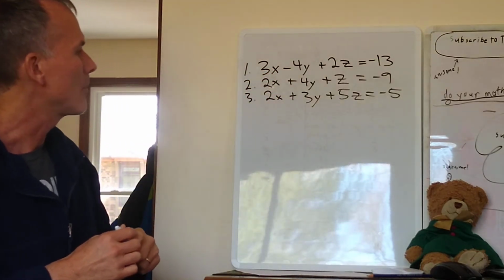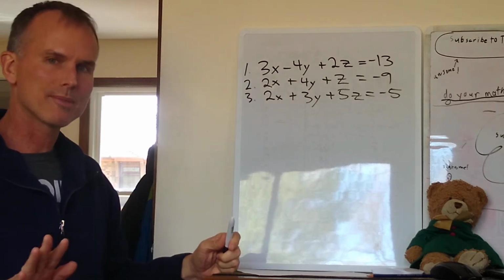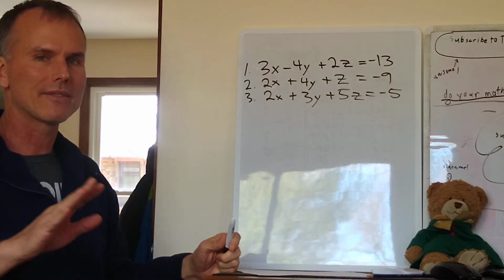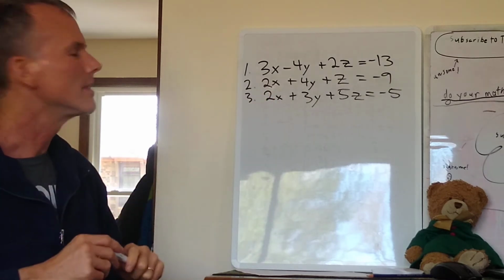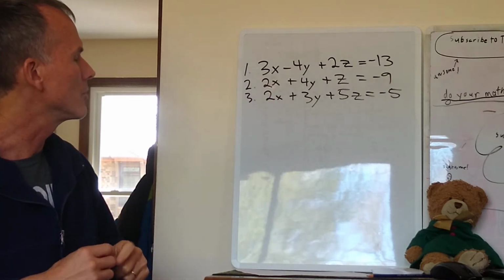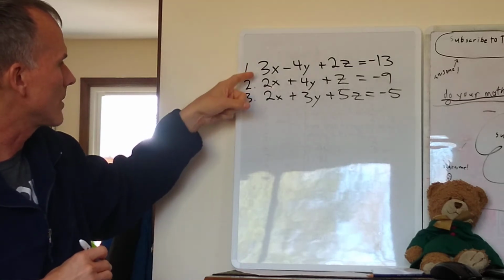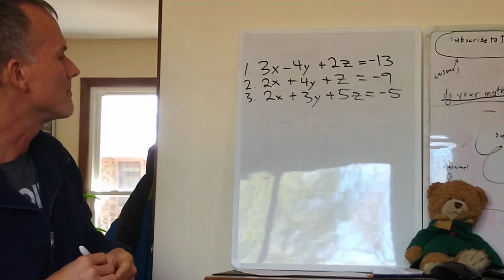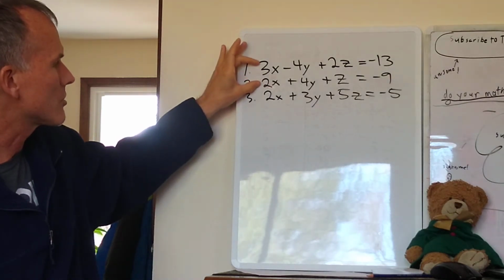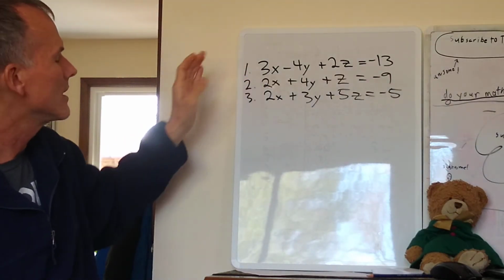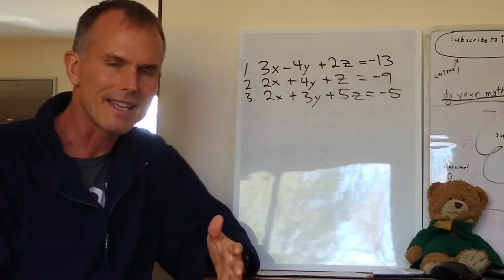Now I don't have a lot of board space here, and I don't want to do a whole lot of erasing, because we may end up losing something. So I want you to look at just equation number 1 and equation number 2. Think with me about if I use these 2 equations to eliminate one of the variables, which one would be the easiest to eliminate?